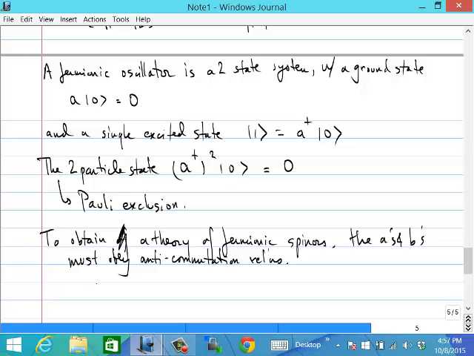So, for example, all of the a's have to anti-commute with one another. The b's have to anti-commute with one another. And moreover, the a's and the b's have to anti-commute with each other.